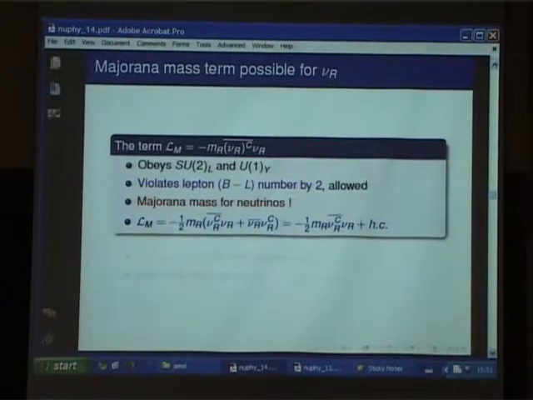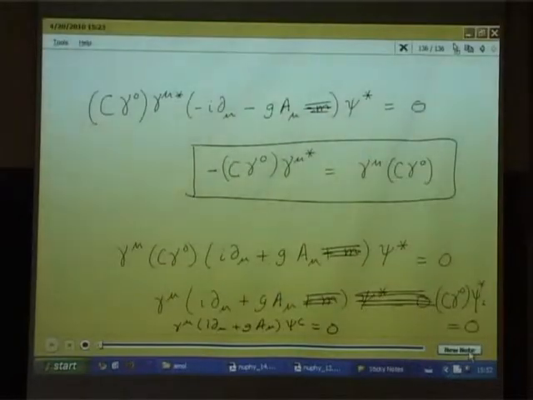So this term is often written like this: minus MR, UR C bar UR. Very often you write URC.